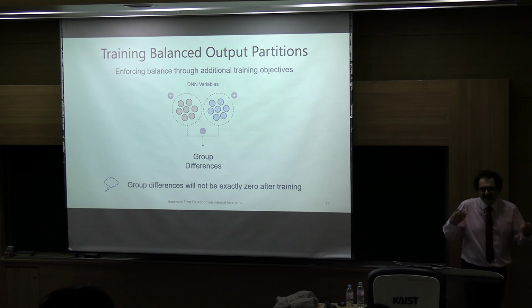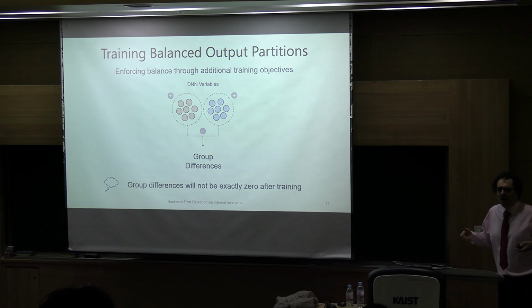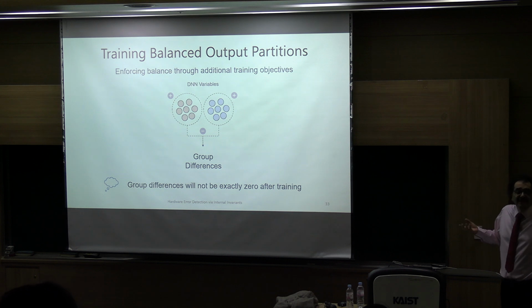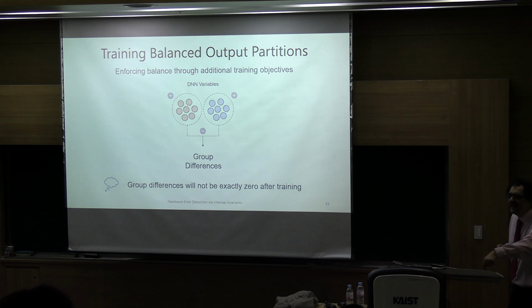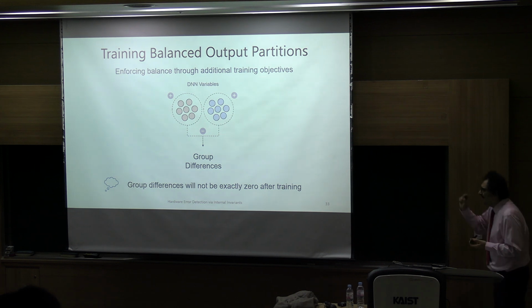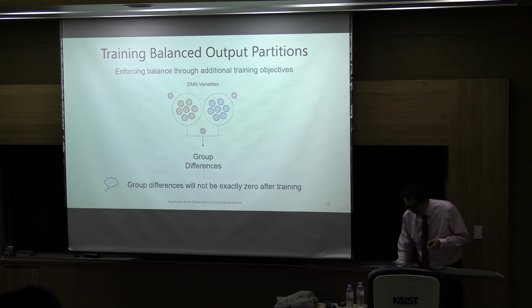Now there is a little bit of extra complexity because all this is happening while you're training. The group differences will not be exactly zero. Number one, because during training you can only drive it very low. Number two, there are numerical effects. So you really need to work in a threshold environment rather than an exact zero environment.